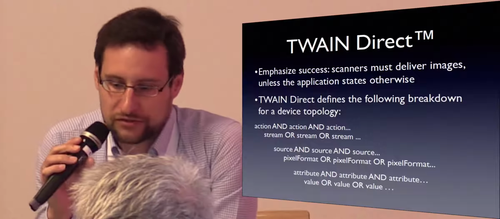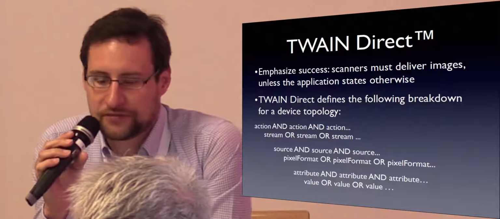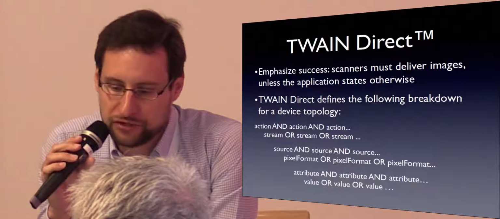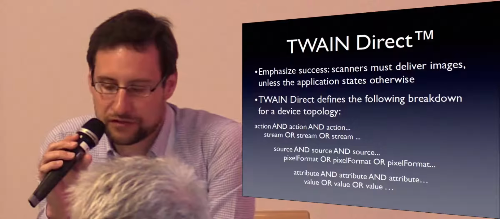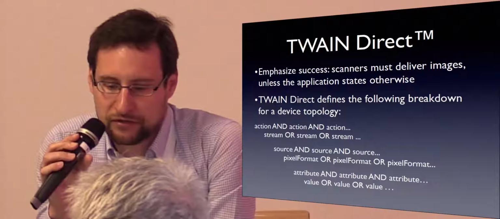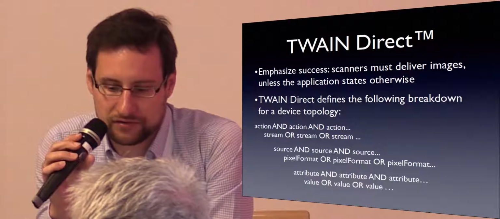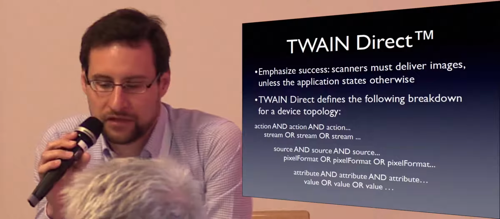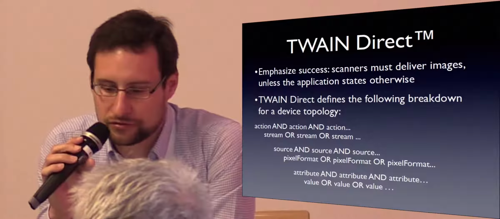TWAIN Direct is also entirely different from classic TWAIN in that it emphasizes success. With classic TWAIN, you negotiate capabilities, and if everything goes right and you agree with the scanner driver, you may at the end transfer an image. With TWAIN Direct, that's entirely different. The scanner should, in any case, always deliver an image, even if there is some disagreement with some detail, like the resolution or the color mode.